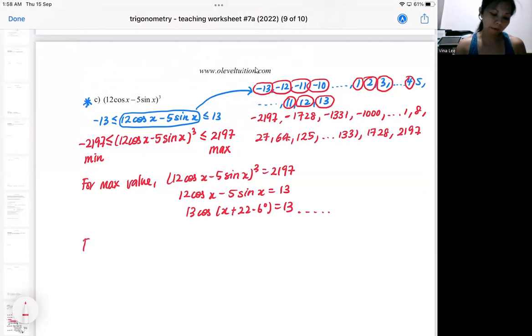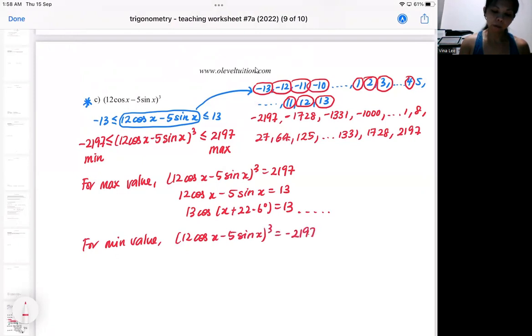So the same thing for the minimum value. You set the whole function to the minimum value. But if you do that, taking a cube root also gives you only one answer. So again, you use your converted R formula and you continue.